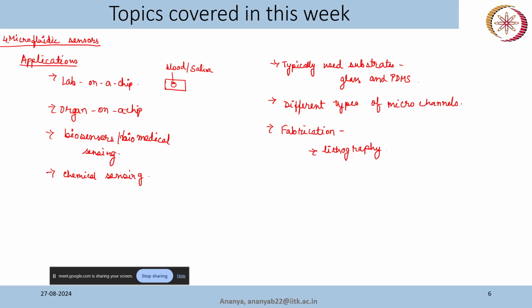There are other fabrication techniques also, like soft lithography, and I think replica molding, that was the technique discussed in the lecture videos. In this course, one part is fabrication of sensors. Those will be discussed in the upcoming weeks, and I will discuss more about the fabrication of different sensors then.